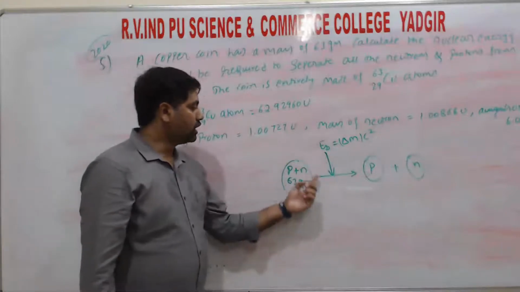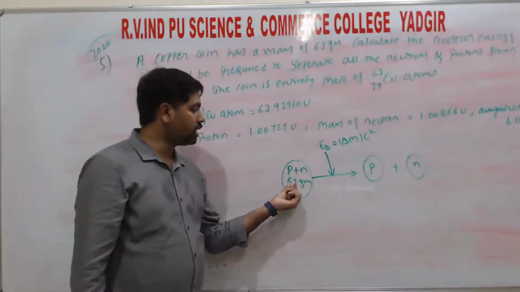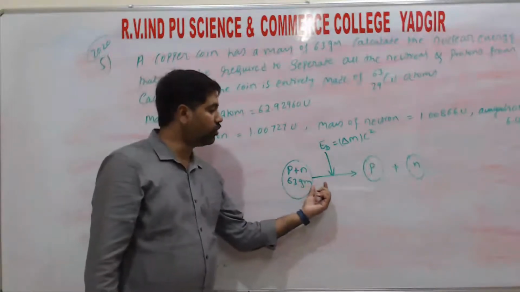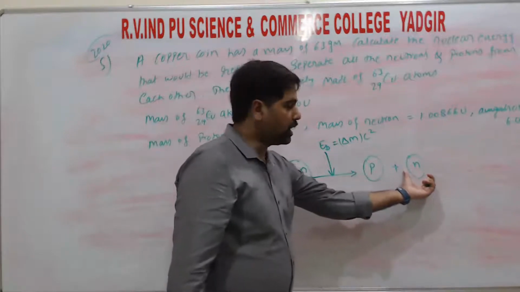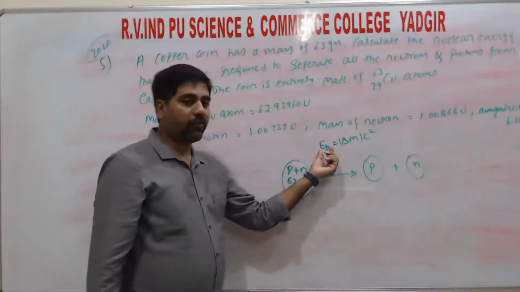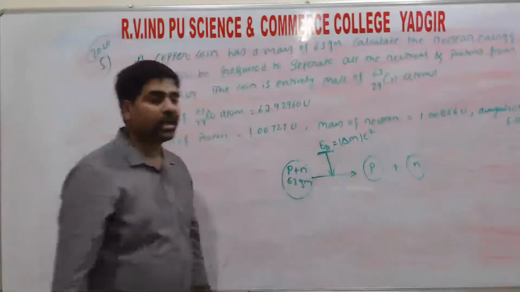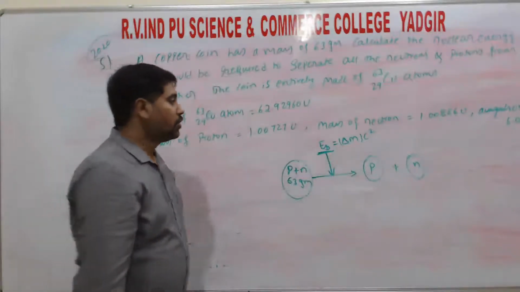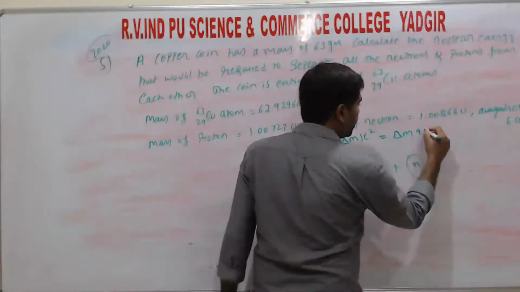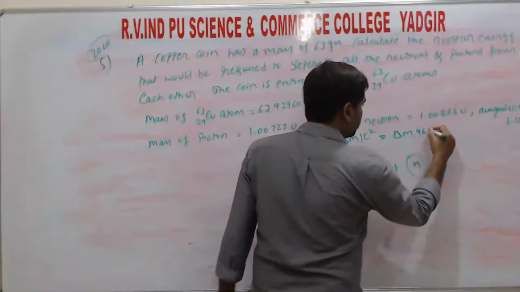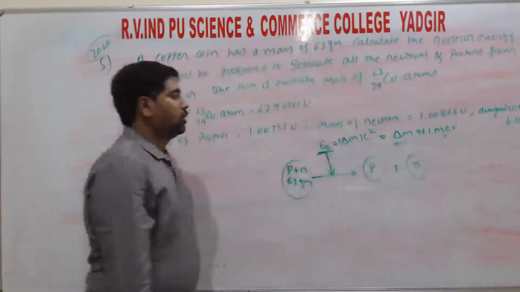So we have this nucleus consisting of protons and neutrons having the mass 63 grams. So we need to separate the protons and neutrons, right? So for that we require energy. That energy we are going to find out. That energy is the binding energy, right? So in the other form we have delta M into 931 mega electron volt, right?